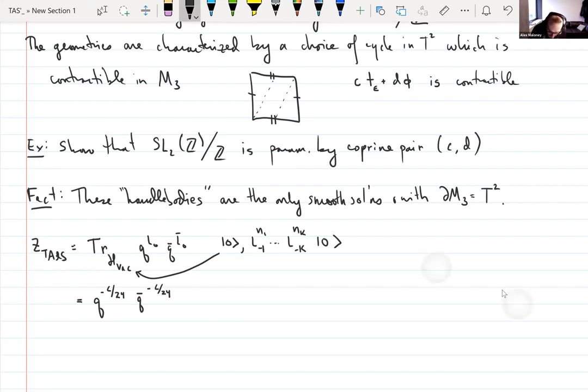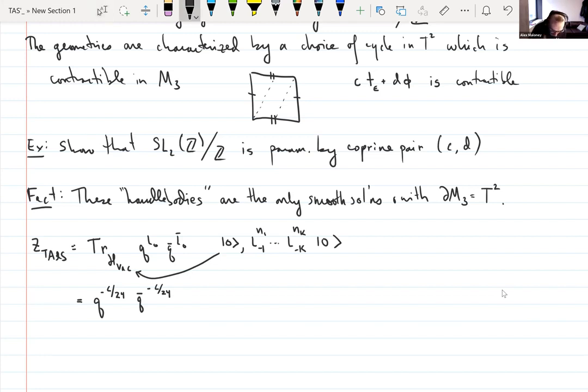And what do these Virasoro generators do? Well, L minus 1 is going to raise the energy of the ground state by 1. L minus 2 raises the energy of the ground state by 2, and so on and so forth. So what do these do? They act like a bunch of harmonic oscillators, because each L minus k is just like a simple harmonic oscillator raising operator with energy k.